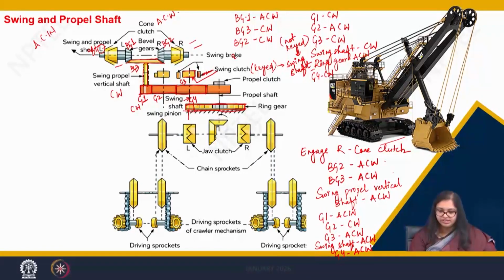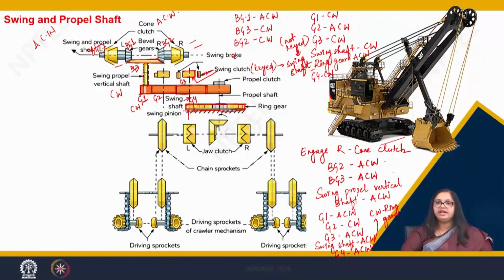So, this will lead to the clockwise motion of the ring gear. So, when my left cone clutch is engaged, my swing shaft is rotating in clockwise direction, which is leading to the anti-clockwise movement of the ring gear.